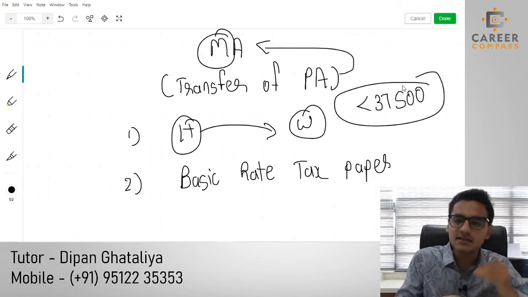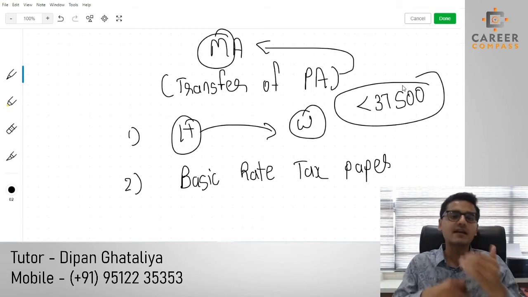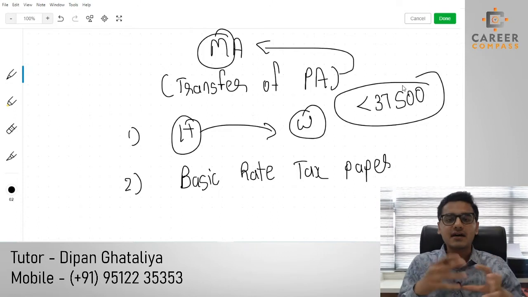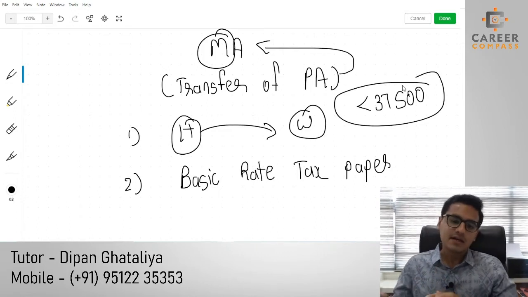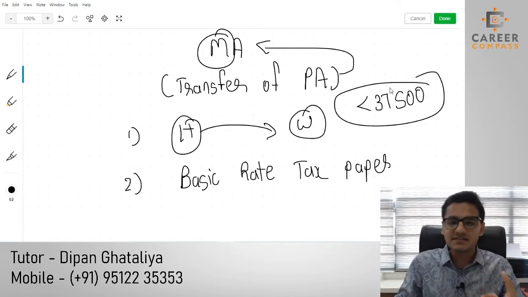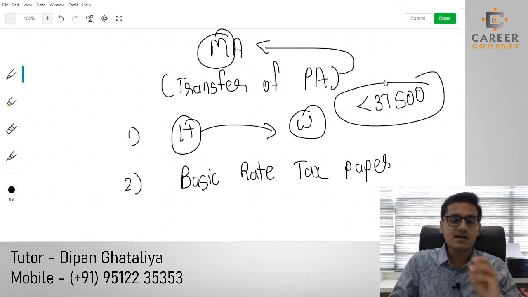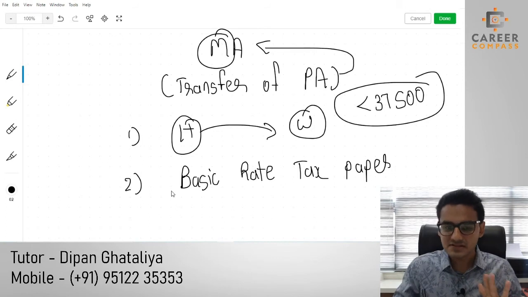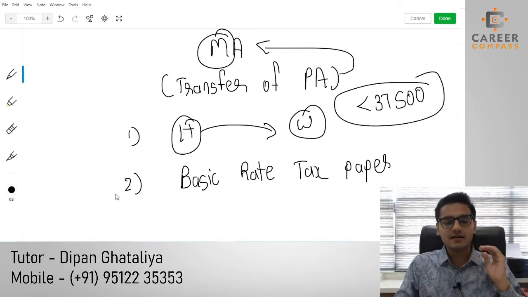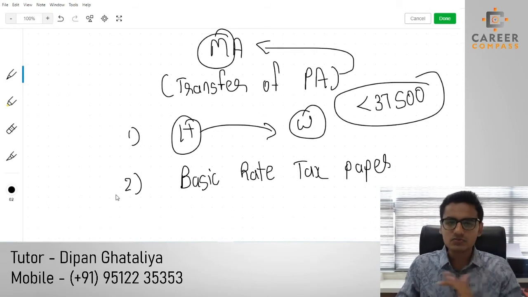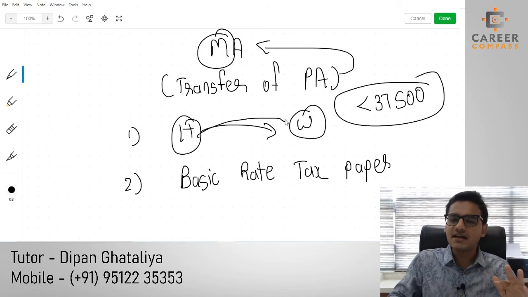If you have income of more than 37,500, then you will be a higher rate taxpayer. But to claim the marriage allowance, both parties compulsorily need to be basic rate taxpayers. Otherwise one party cannot transfer the personal allowance to the other.